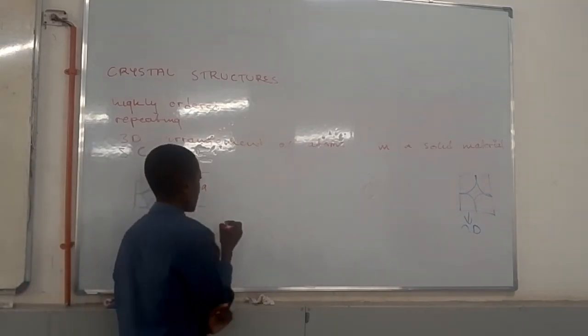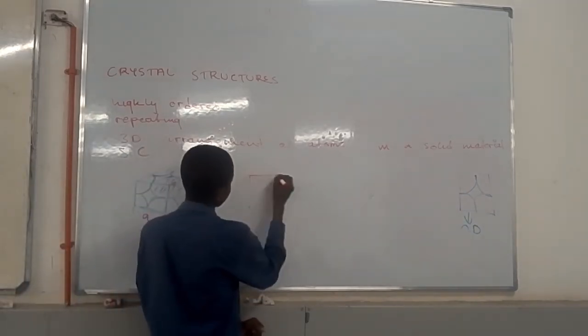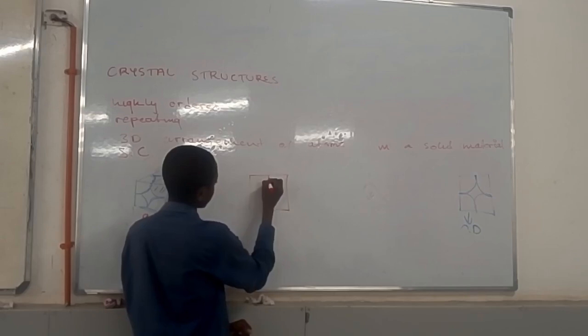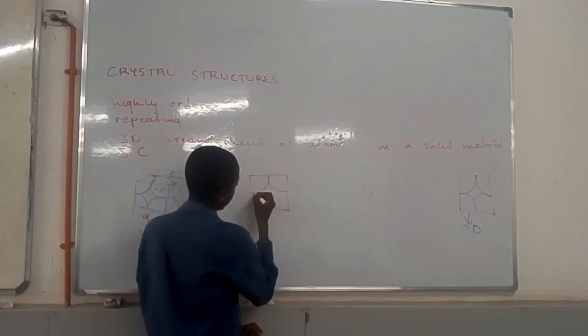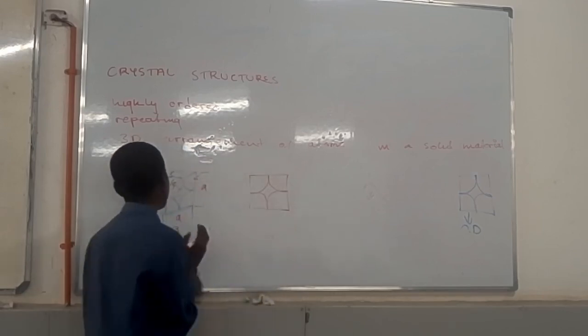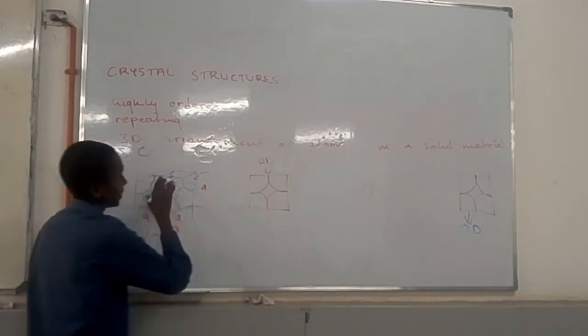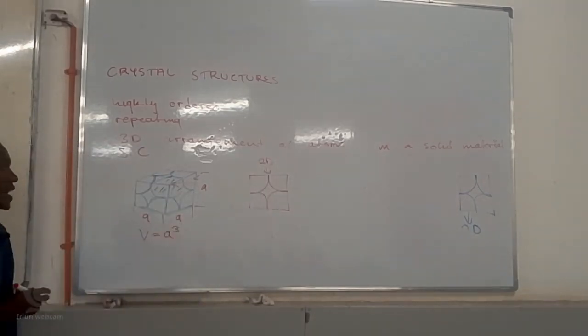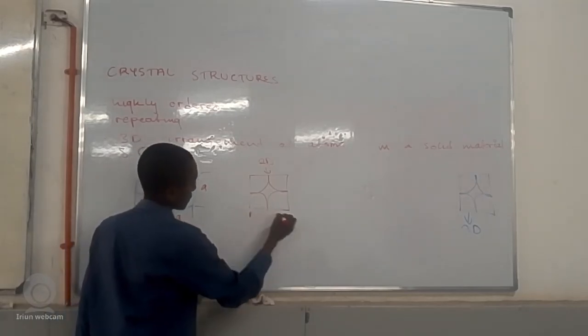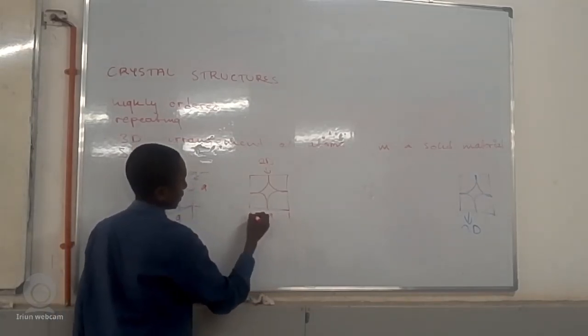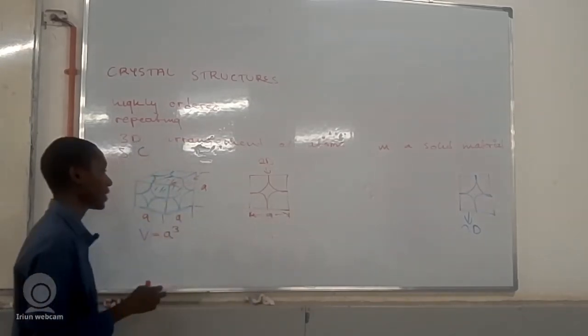So if I were to represent it in 2D, it would look like this, like a unit cell, a side view. And I'm saying that the distance from here to here is A. I want to calculate the volume.